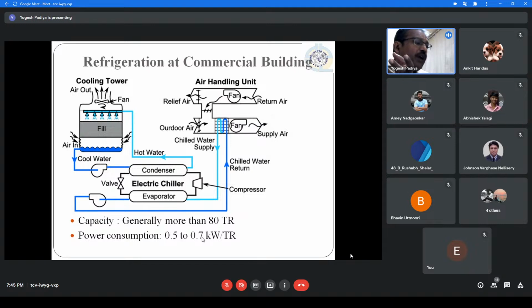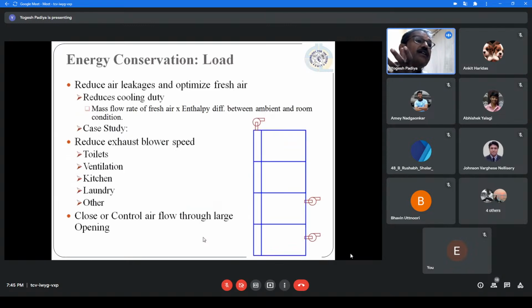It means 1.5 lakh to 1.6 lakh rupees per month will be saved. It means 20 lakh rupees per year will be saved just by reducing the blower speed.